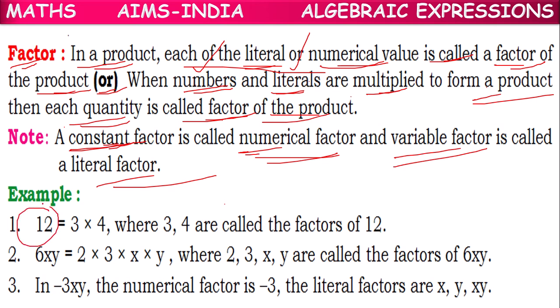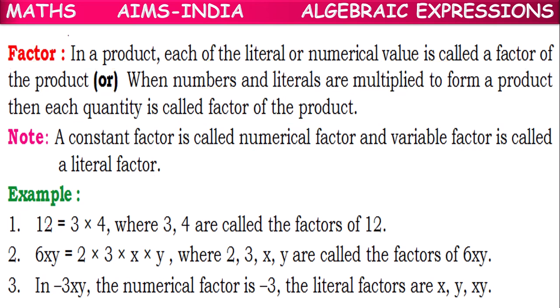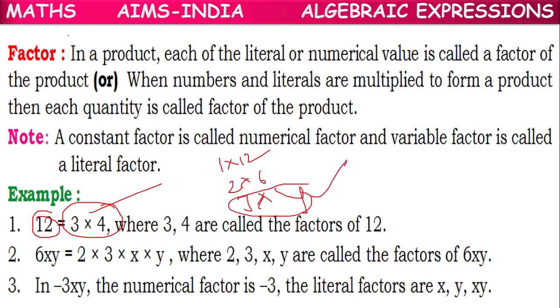Suppose we have the number 12. How can we form 12? By multiplying 3 and 4. Actually, we have many combinations: 1 into 12, 2 into 6, 3 into 4. If we take the product of 3 into 4, it is 12.